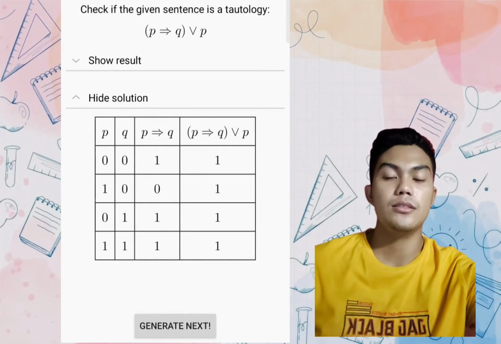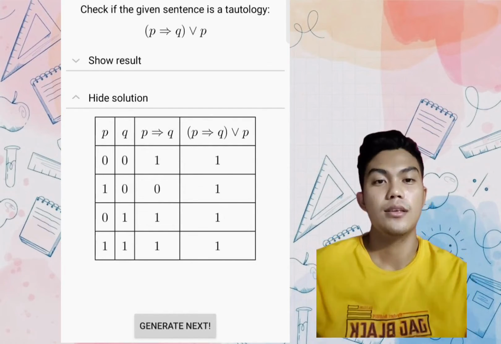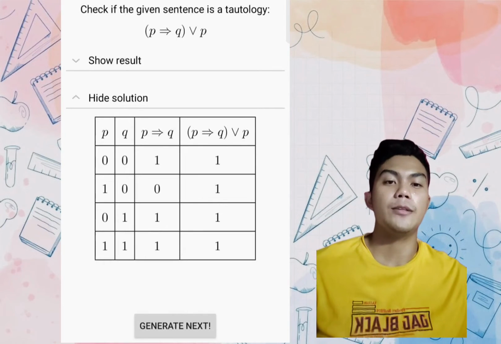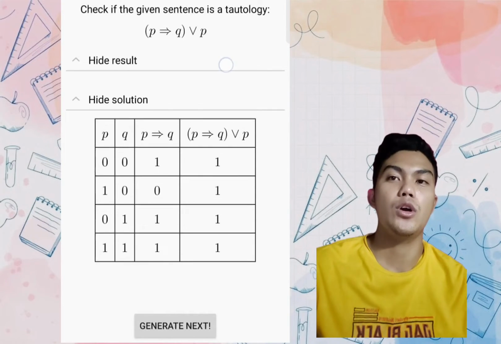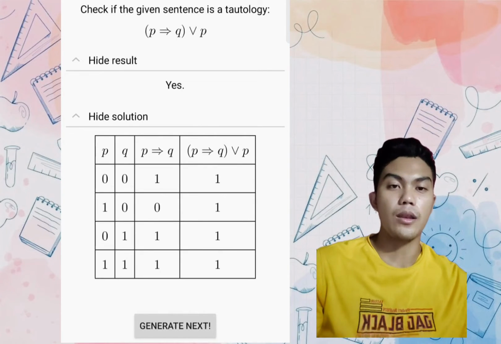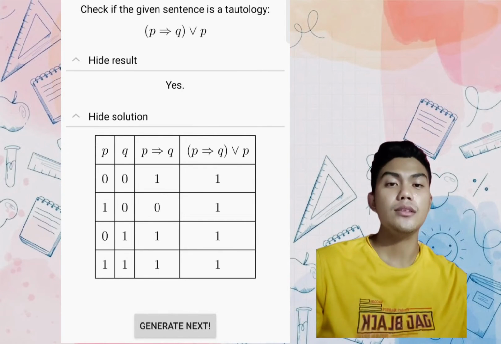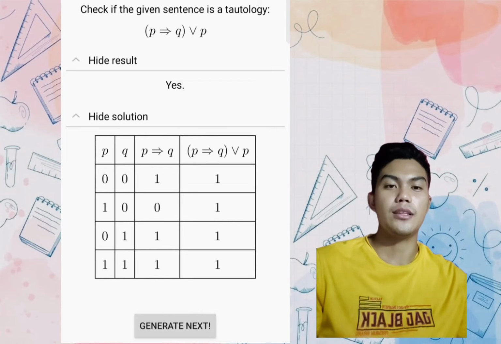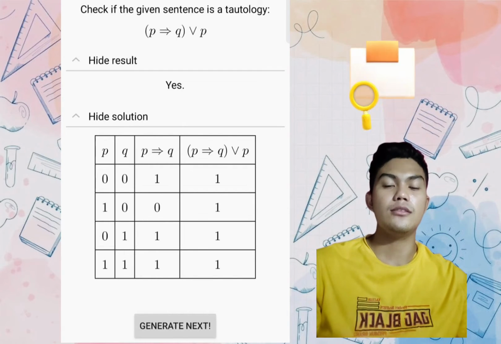So P if then Q is 1, 0, 1, 1. And the final statement P if then Q or P has a column of 1, 1, 1, and 1. Then we assume that the 1 is a true, and therefore this statement is a tautology.